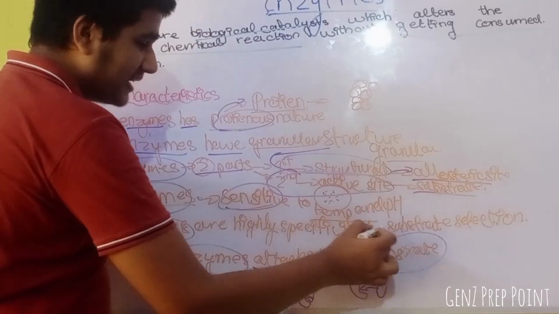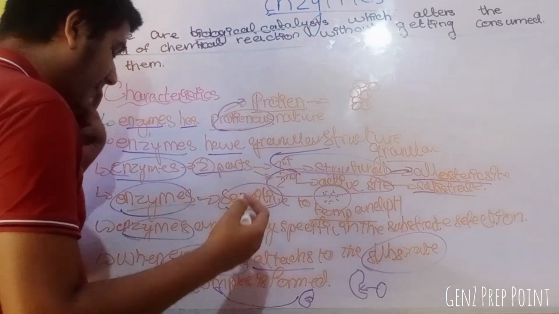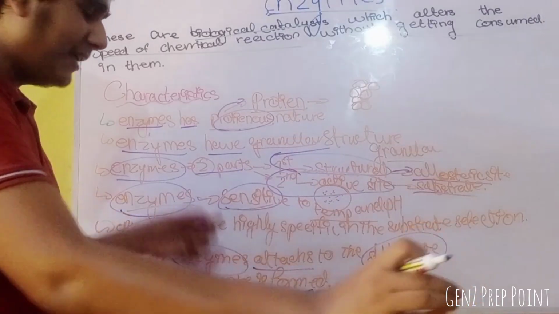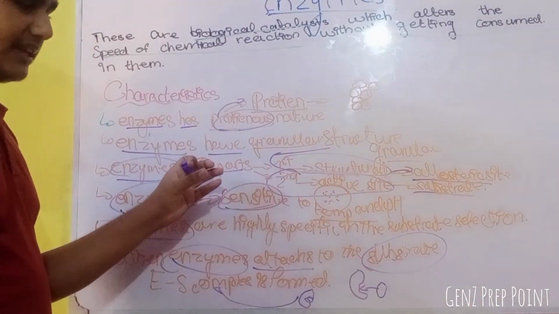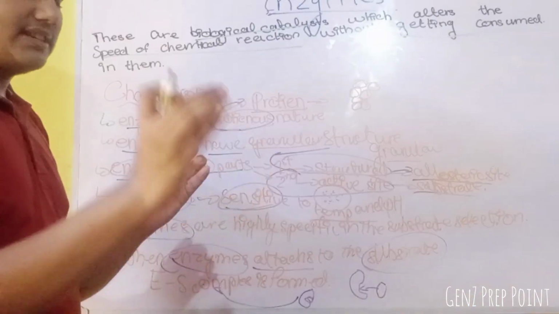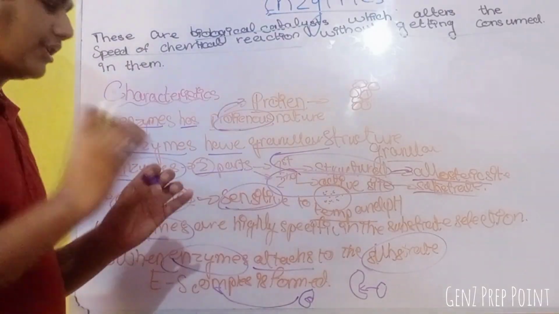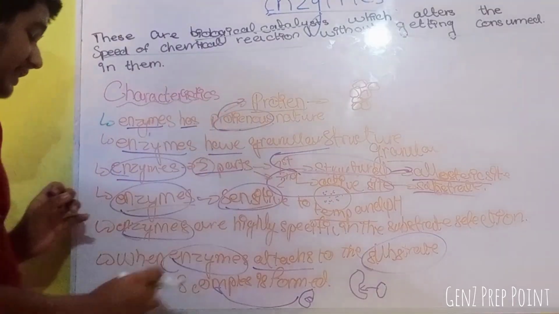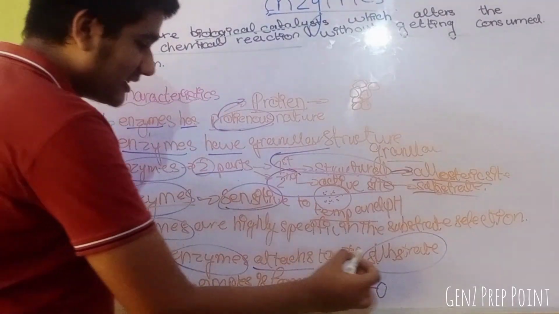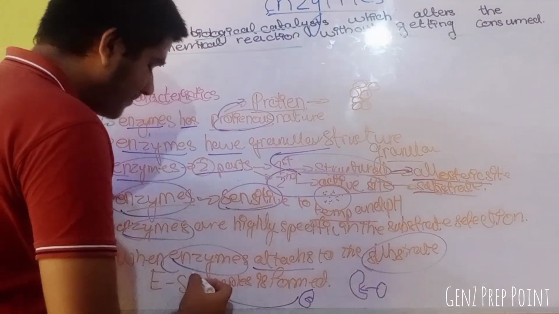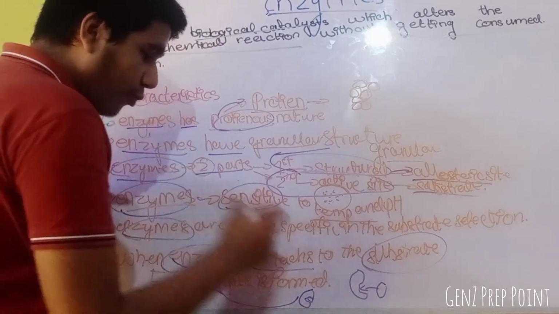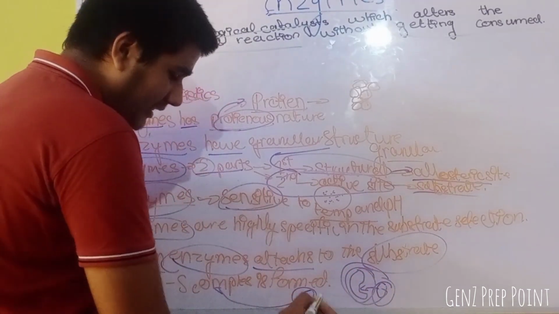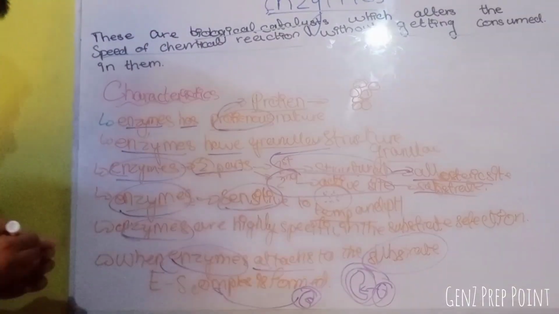Enzymes are highly specific in substrate selection, because a lipid substrate cannot attach to a protease enzyme, because protease is specifically for protein. When the enzyme attaches to the substrate, an enzyme substrate complex is formed. When the substrate and the enzyme attach together, this structure is known as the enzyme substrate complex.